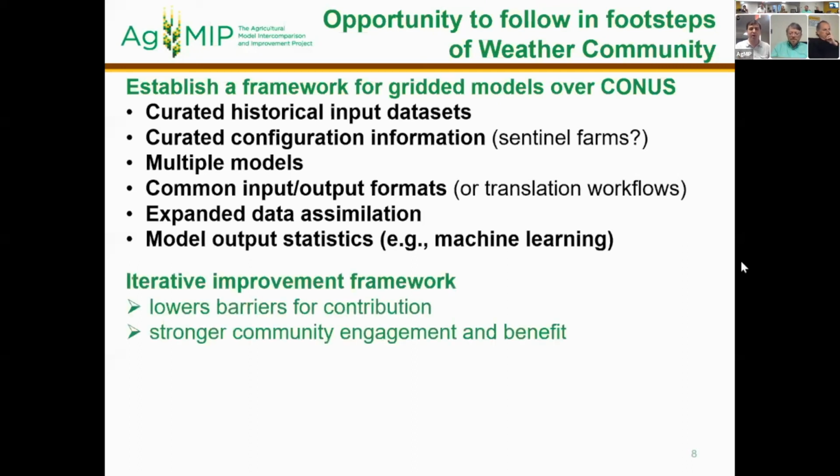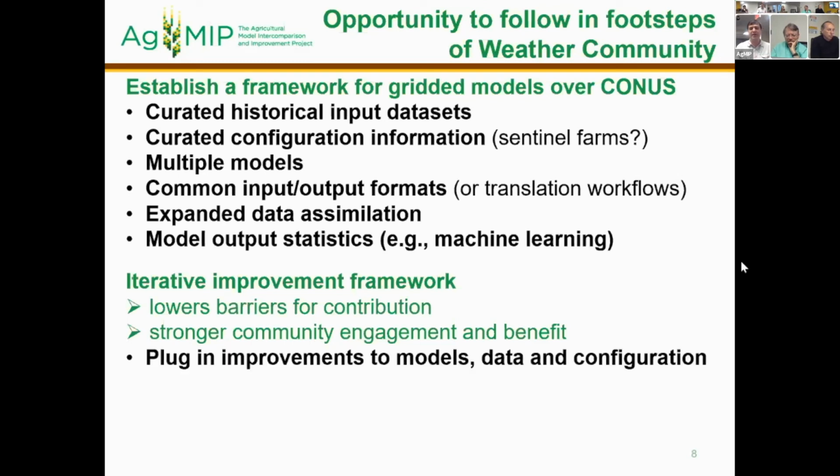So there are really big benefits not only to establishing such a framework, but also recognizing that this lowers the barriers for contribution if we can make this an iterative improvement framework. This would also allow for stronger community engagement and benefit, because smaller resource projects could make an outsized contribution.